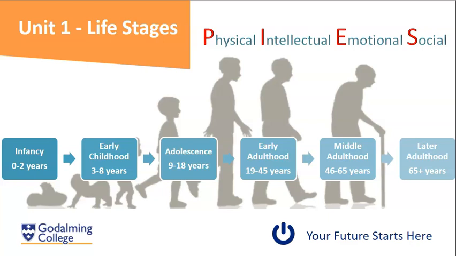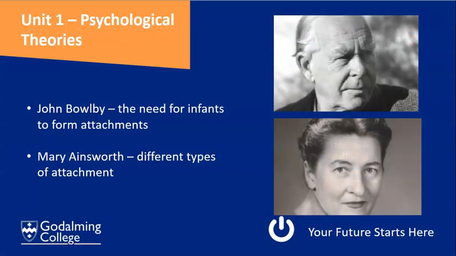This course overlaps quite well with psychology because during it we'll learn about some psychological theories. For example, in infancy we'll learn about John Bowlby and Mary Ainsworth and their research into attachment theory.